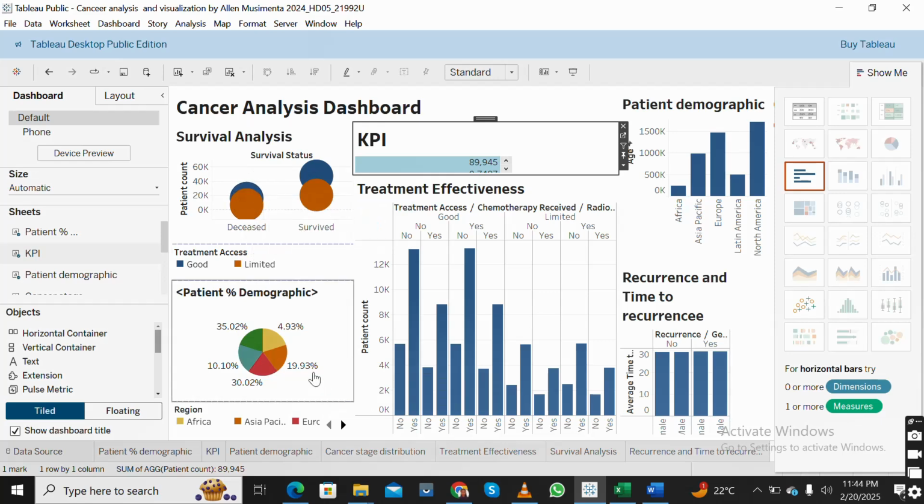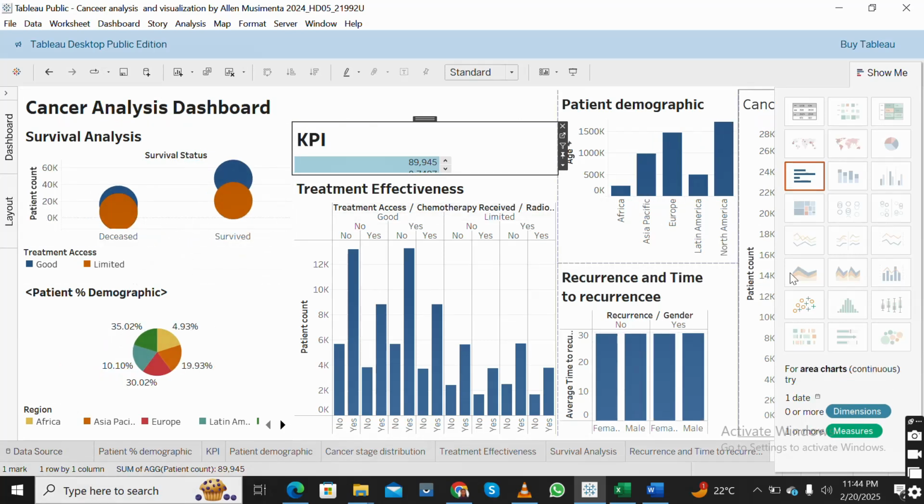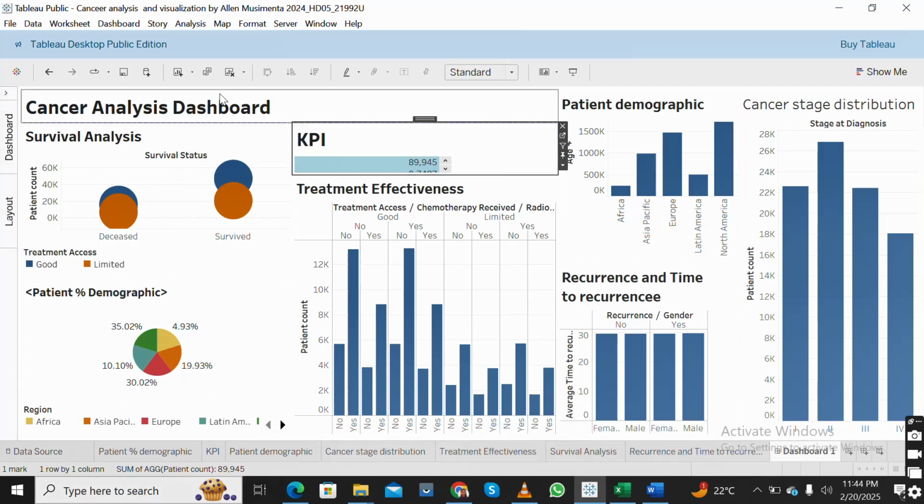So we have explained everything here. I think I don't have to explain a lot. It looks like this. Where I had to put the cancer title.